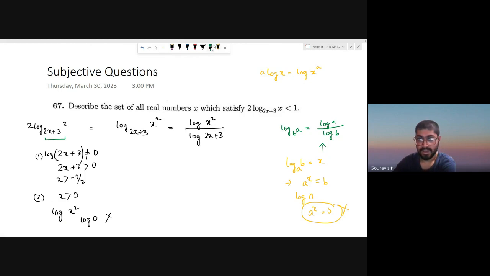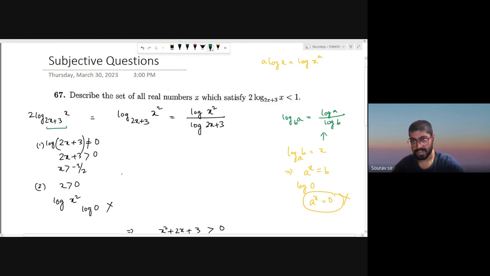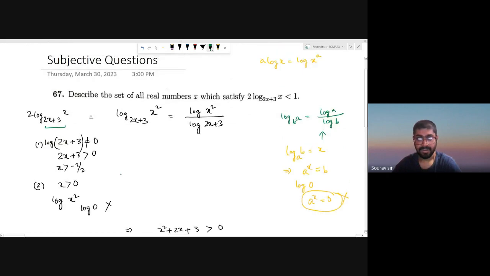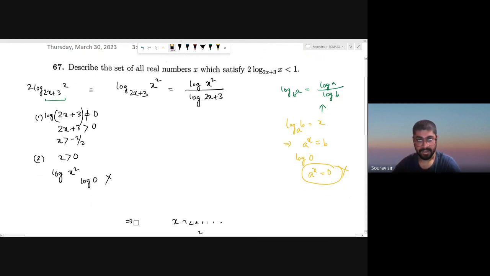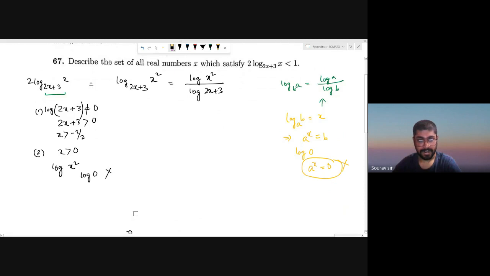Now, just before we start the question, we have these two prerequisites, right? That x should be greater than minus 3 by 2 and x should be greater than 0. Combining these two, you just have x greater than 0. So we are dealing with positive x for this left hand side.